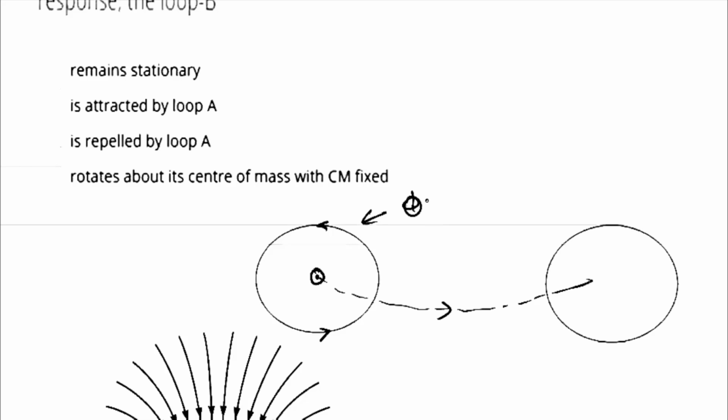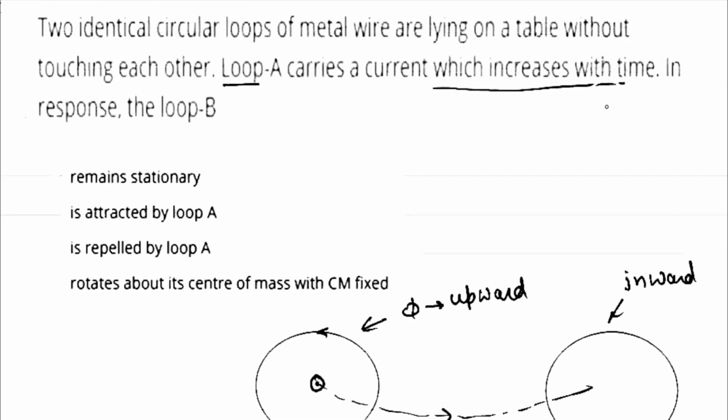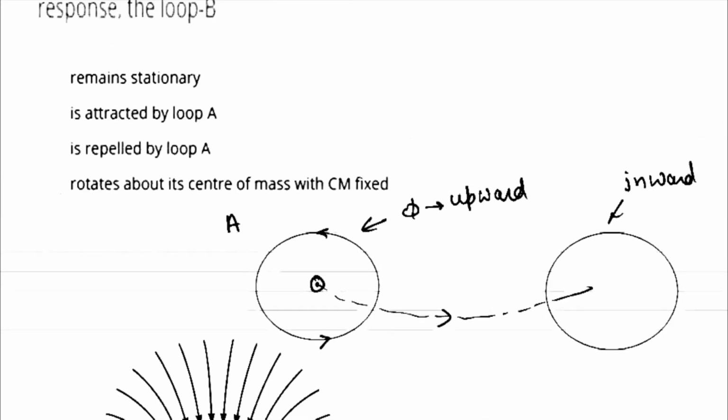So here I will write the flux is upward. Here it is inward. So if the upward flux increases with time in loop A, then the inward flux will increase with time in loop B. So if I talk about the induced current in B, the induced current in B will be such that it could oppose the change in flux.